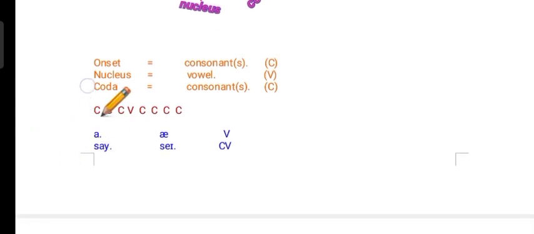The maximum number of consonant sounds in the onset of an English syllable is 3. The maximum number of consonant sounds in the coda of an English syllable is 4.